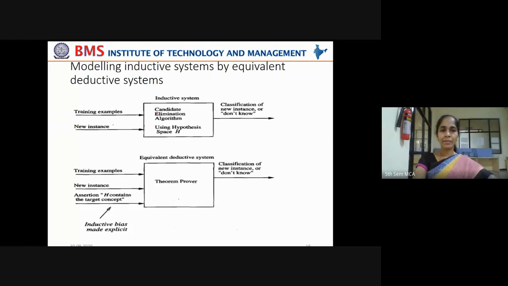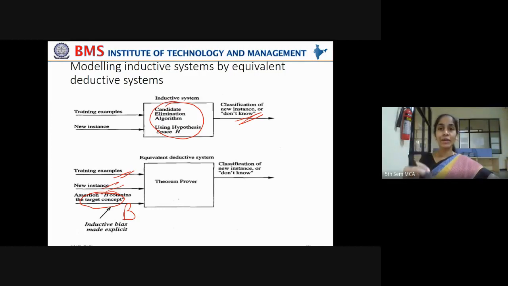Okay, training examples and new instances are provided to the inductive system, which will classify a new instance as yes or no. But in deductive system, what will happen? Along with training examples, along with new instance, B is also provided. That is the assumption that H contains the target concept.